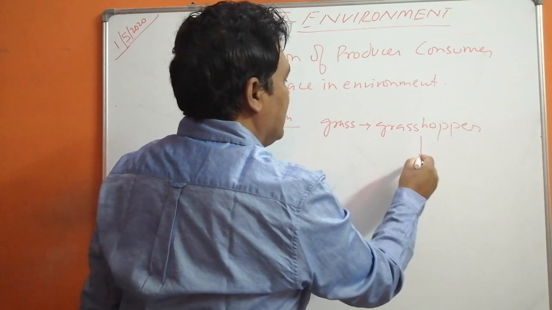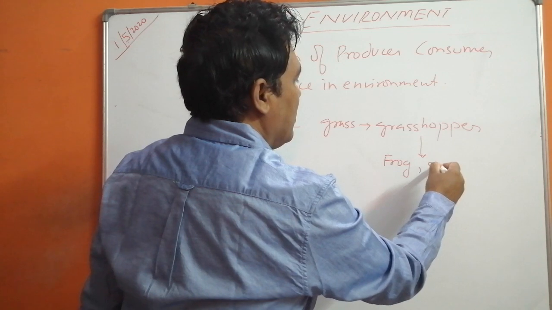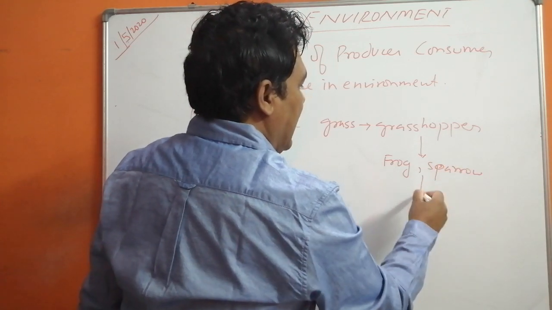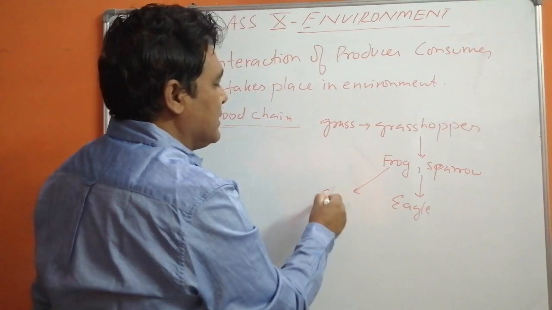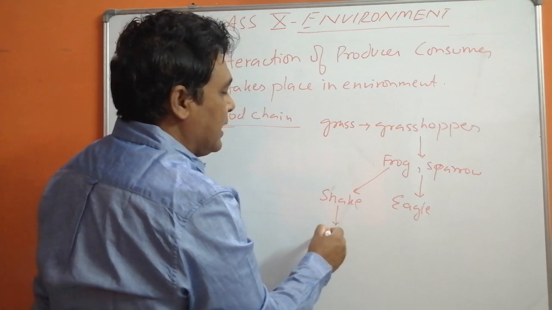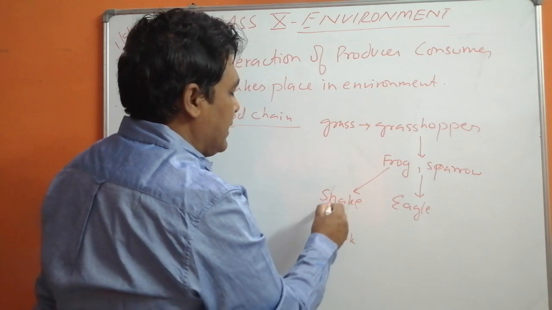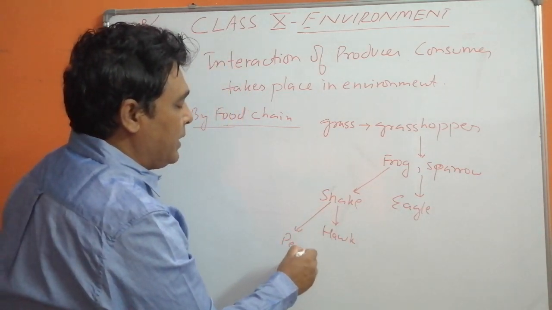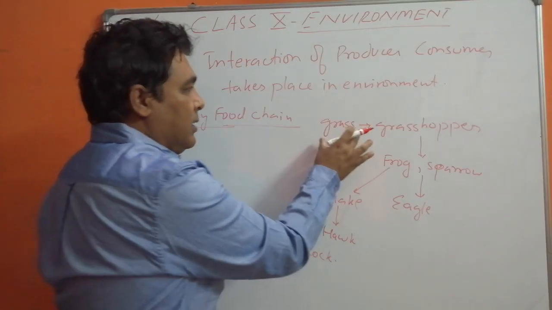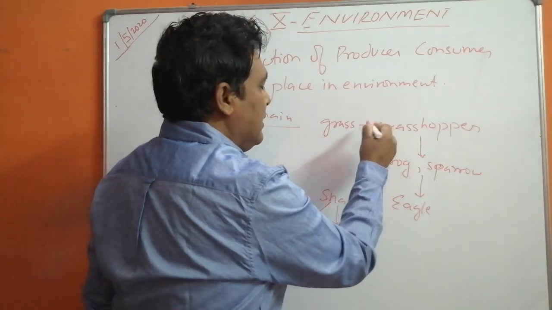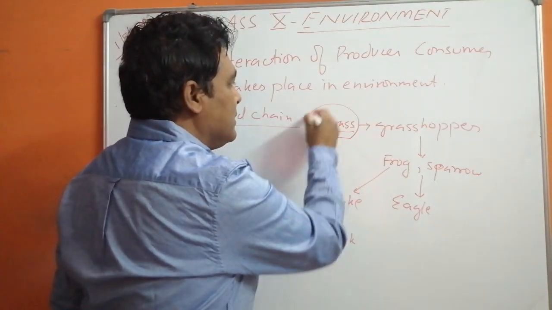Then grasshopper is being eaten by the frog or by a sparrow, and it can be eaten by eagle, it can be eaten by a snake, and the snake can again be eaten by a hawk, it can be eaten by peacock.